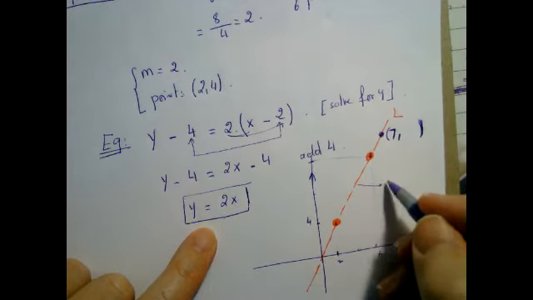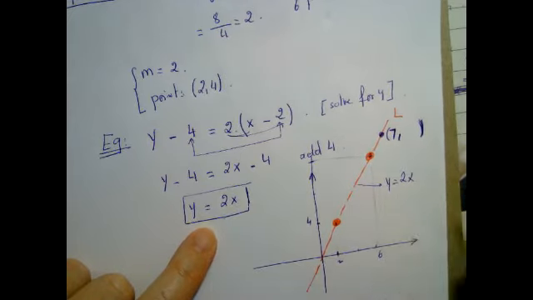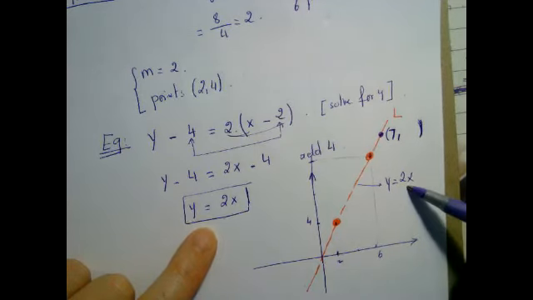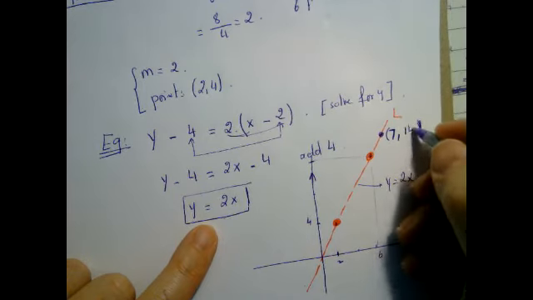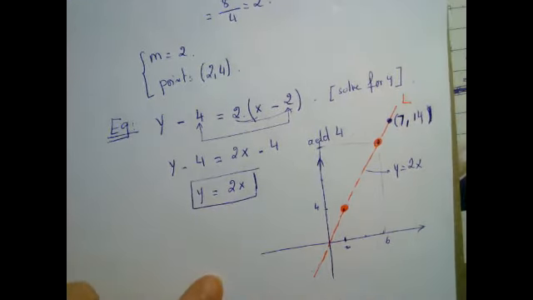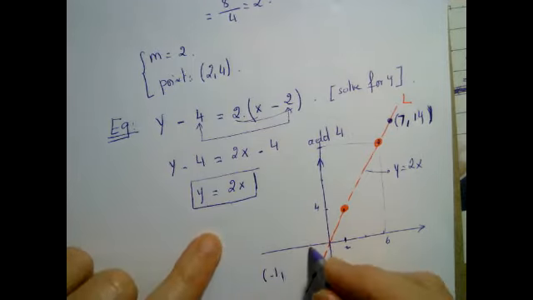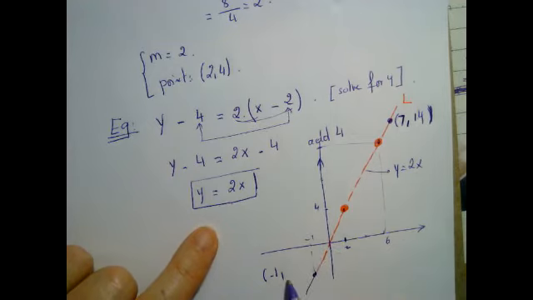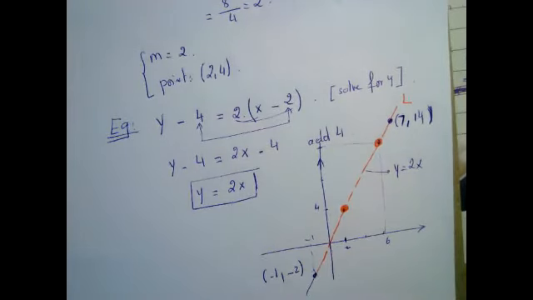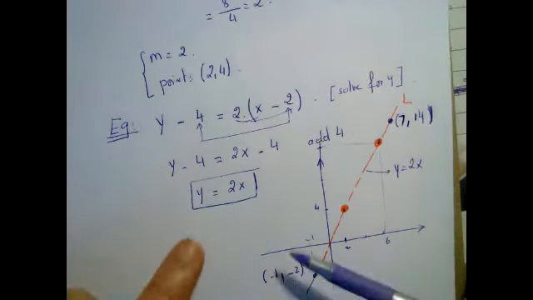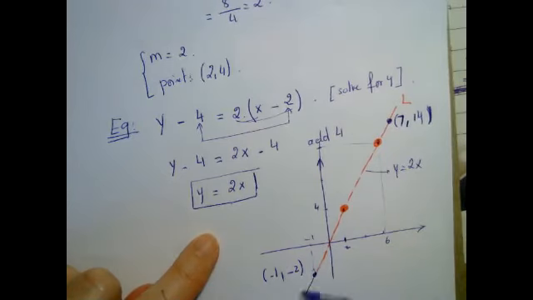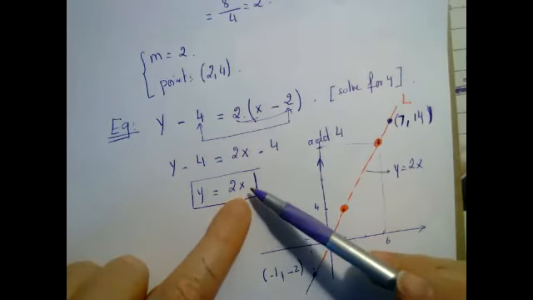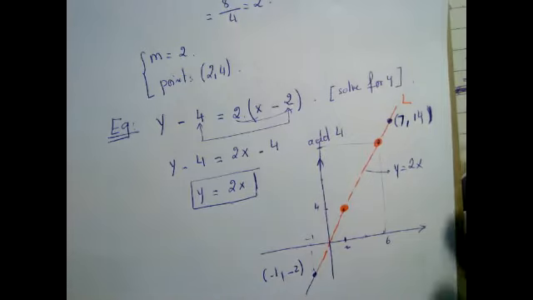Now y equals 2x, so y is going to be equal to 14 without any thought process. If this is -1, to find the y coordinate I just plug it in, and this is going to give me -2. So once I know the line, the equation will tell me the y coordinate once I know the x coordinate. That's the formula for the line.